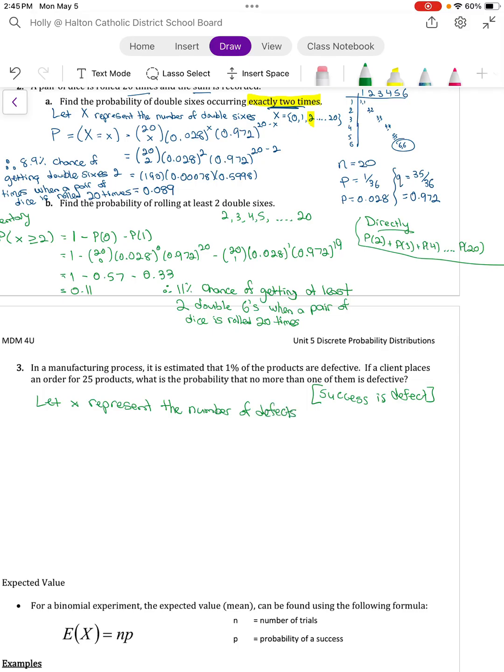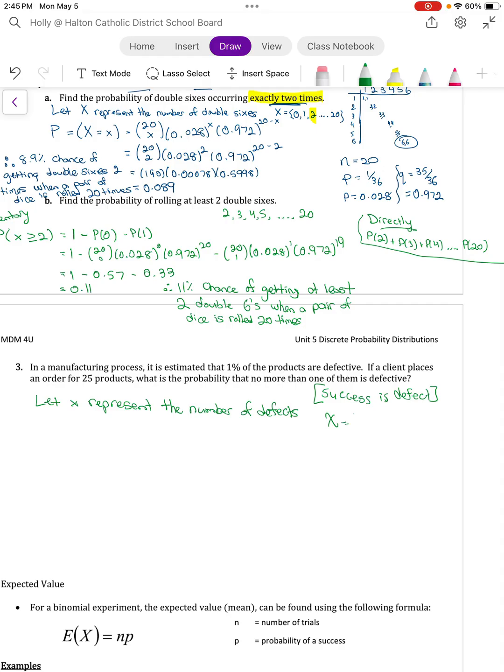And remember, you can have X equal to 0 defective items, 1, 2, all the way up to 25. That would mean all the products purchased would be defective. So our N is equal to 25. The probability of success, here we're looking for it to have 1%.